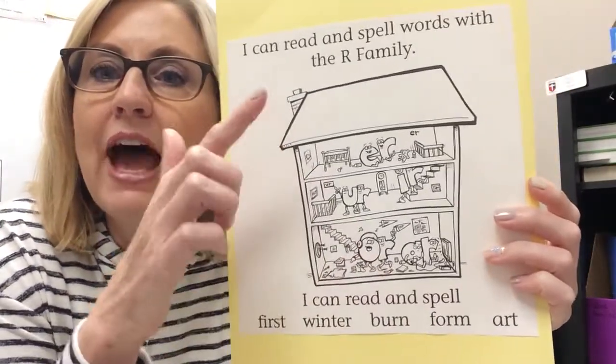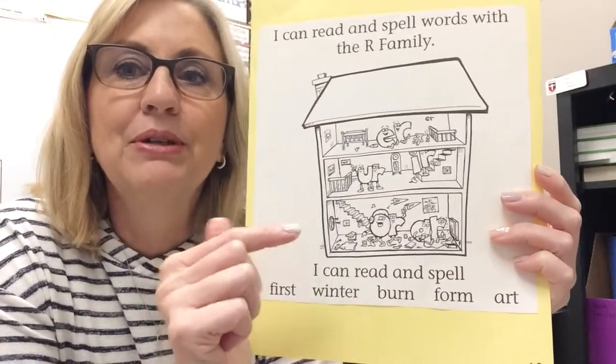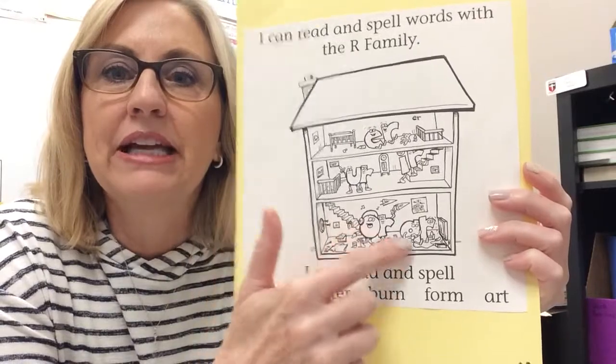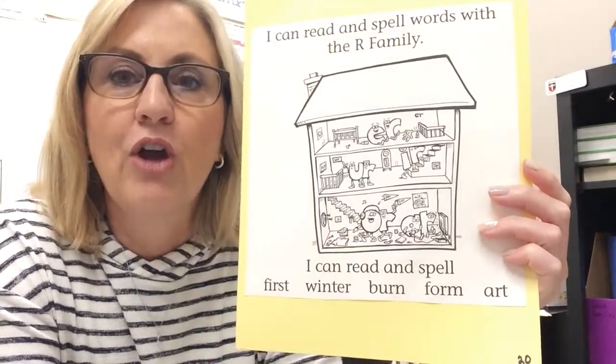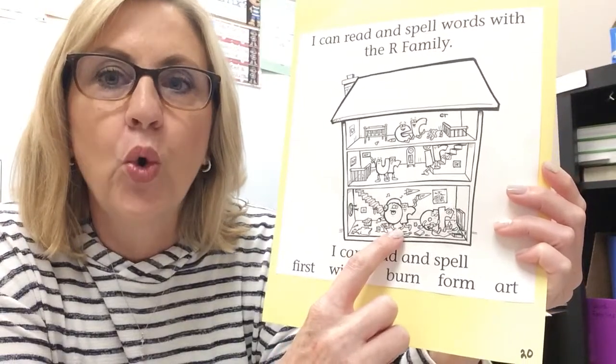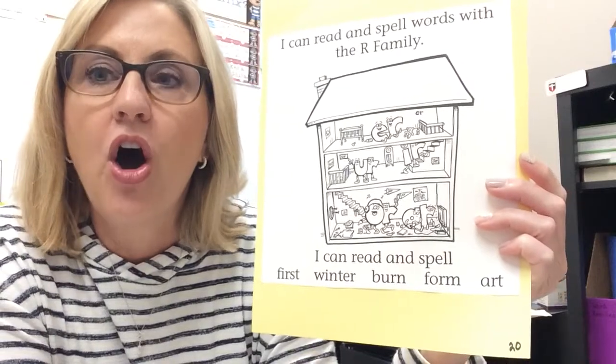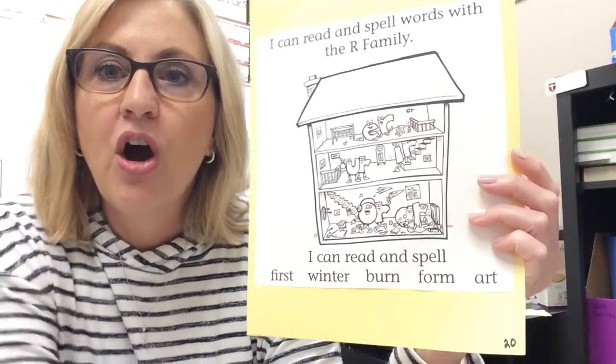And we remembered that they all can make the same sound, but there's a couple teenagers in this family that really prefer to make their own sound. And they are OR, which likes to make the sound OR, and AR, which likes to make the sound R. So that's your R family.